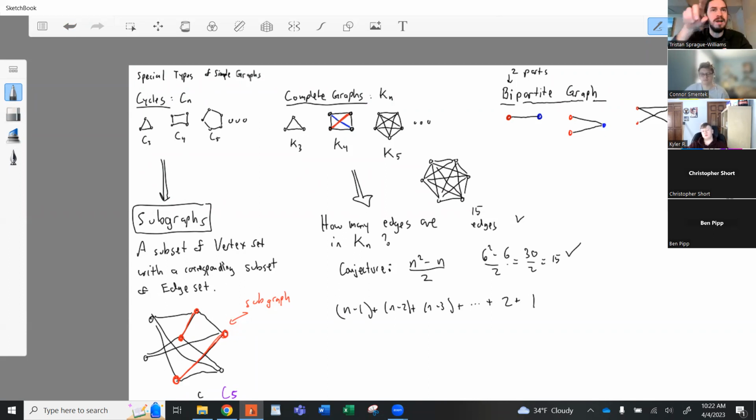The idea is that for one of the vertices, you put n minus 1 edges, and then for the next vertex you've already got 1, so you do n minus 2, and then for the next vertex you've already got 2, so you only need n minus 3, and so on, until it's only 1 more after that. The number of new edges you need to add for each vertex as you go around is just 1 less than the previous time.